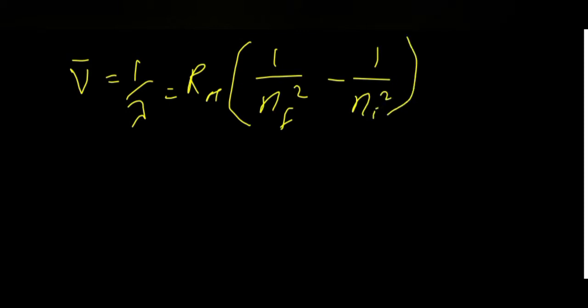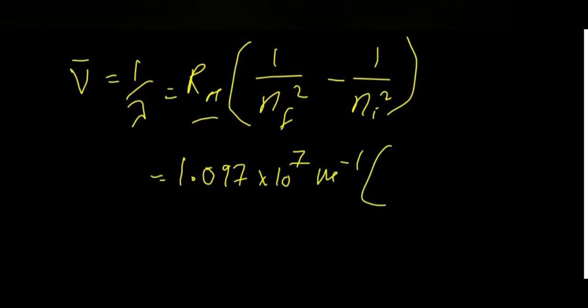It is RH times 1 over n final squared minus 1 over n initial squared, where RH is 1.097 times 10 to the power 7 per meter. So that is how we do it.